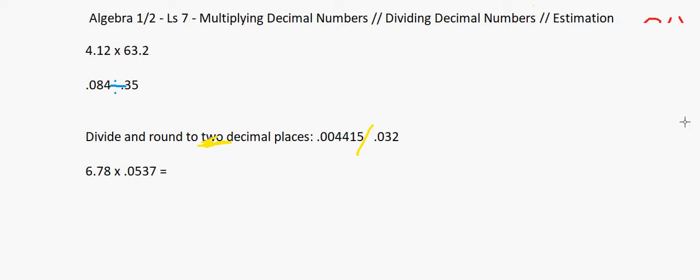It says divide and round to 2 decimal places. I've got a different division sign there, but it should work for us. Let's try this. What's my dividend? 0.004415 under the division sign, and 0.032 is my divisor.